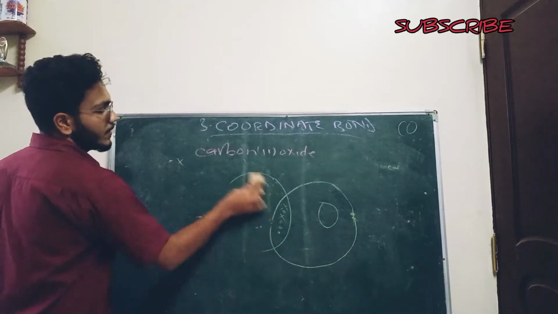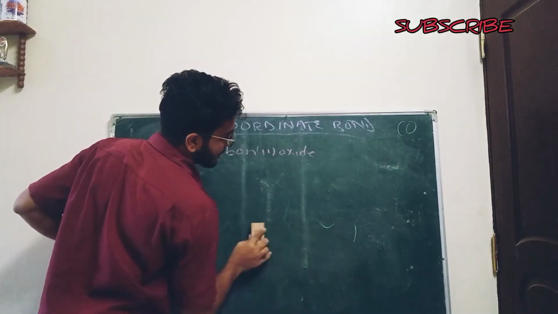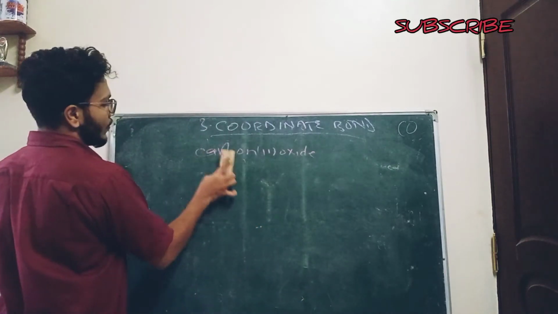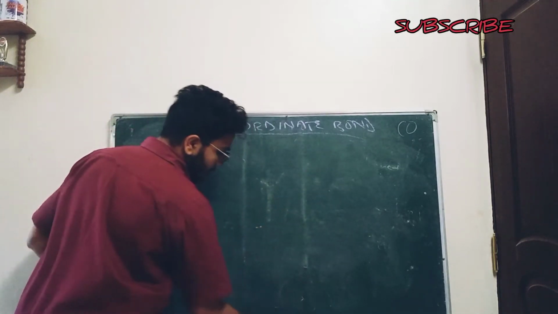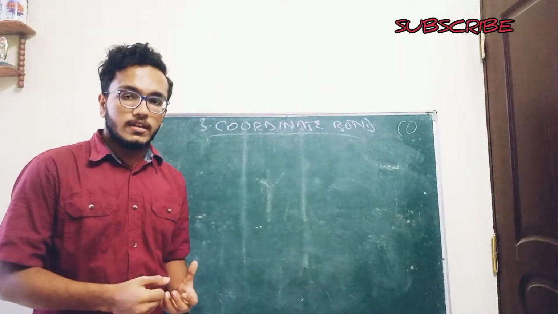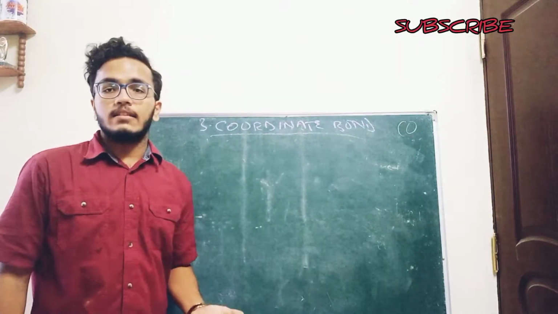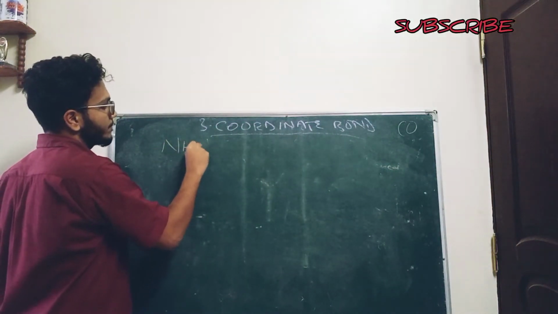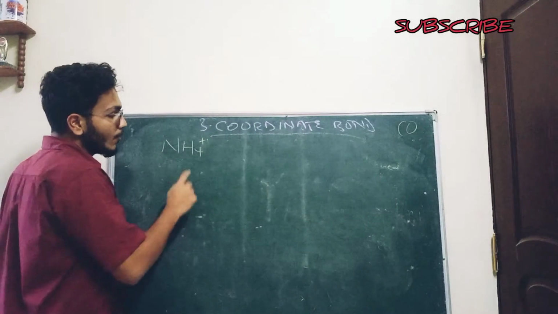Our another example is ammonium. Ammonium ion. Ammonium ion is NH4 positive. This is what brings me to the point where one atom has a lone pair of electrons and another is electron deficient. So our example is ammonium, NH4 positive. What do I mean by this?